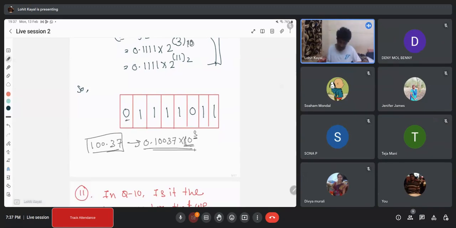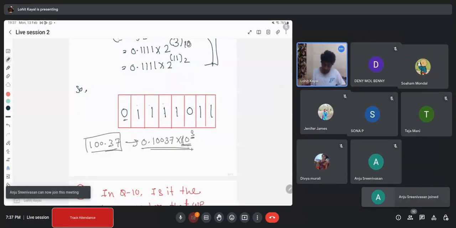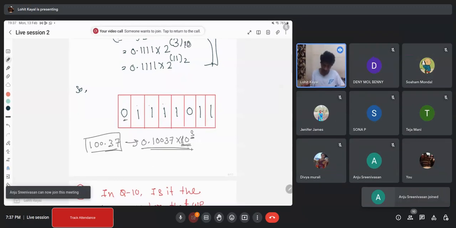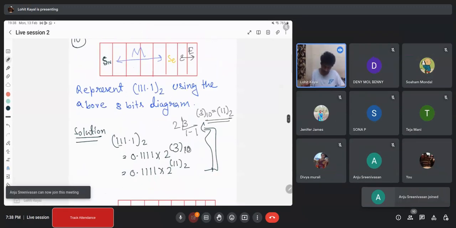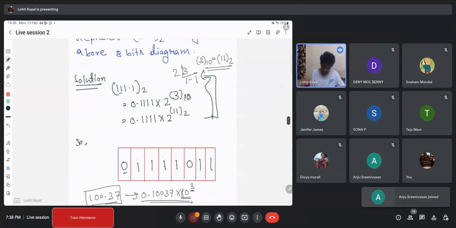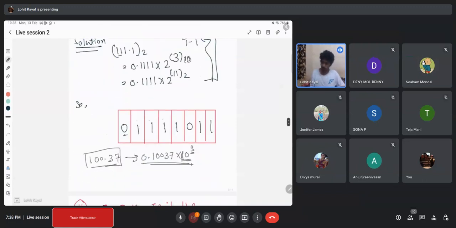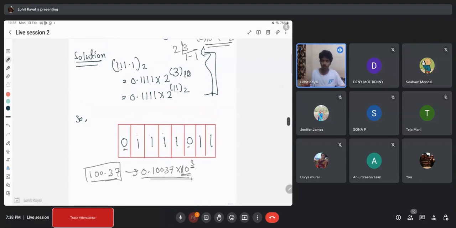The four bits are reserved for the mantissa. It is 1 1 1 1. Now for the exponent, the exponent here is positive, not negative, so for the positive sign 0 appears over here, and now the expression of the exponent, that is 1 and 1.